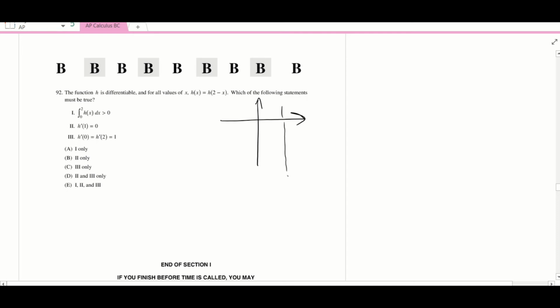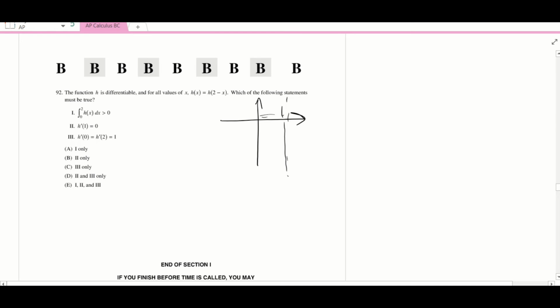Because if we plug in x equals 1 to it, we have h of 1 plus x equals h of 1 minus x. So it's mirrored across x equals 1.